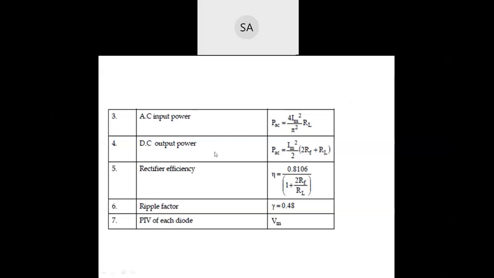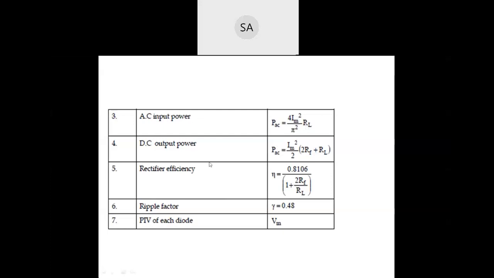So rectifier efficiency is equal to PDC by PAC. PDC is the DC output power, which is IDC square into RL. IDC means 2Im by pi, so PDC is 4 Im square by pi square into RL.